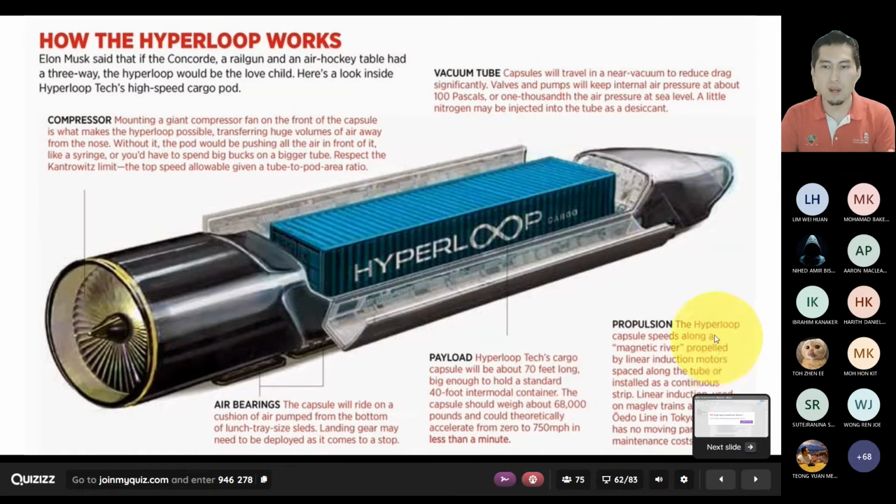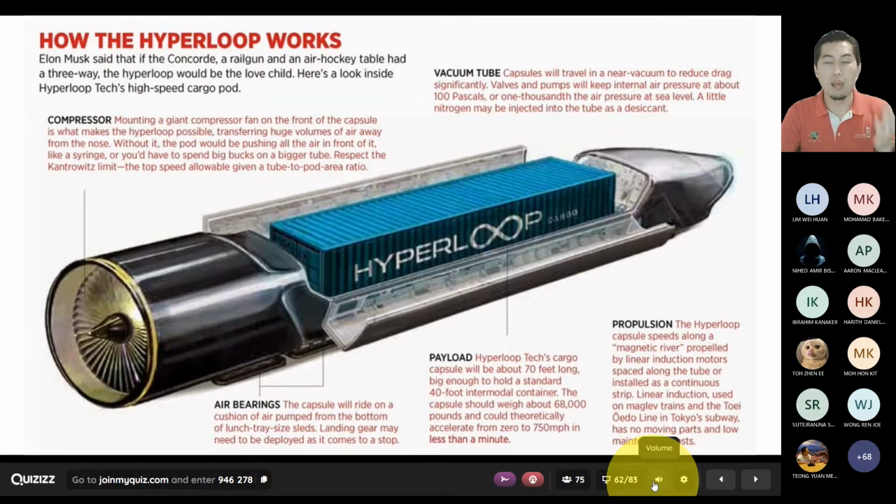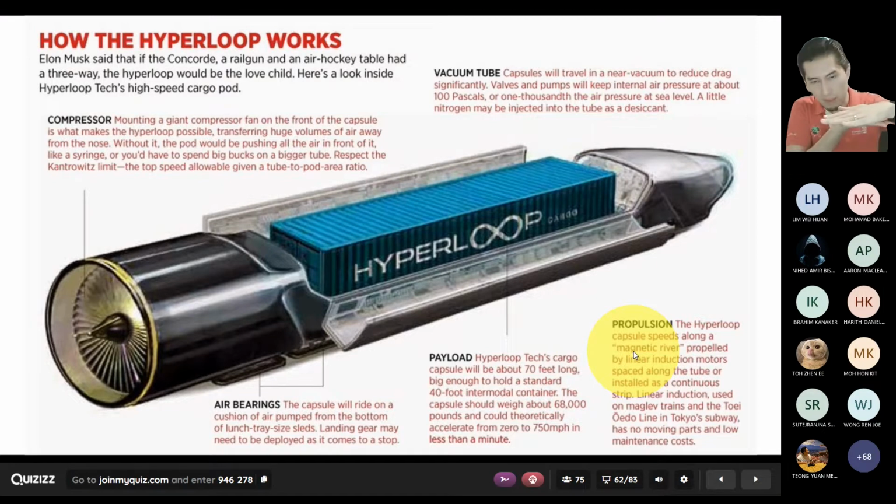There is also aspects of magnets being used, or the term that is always being utilized is maglev, M-A-G-L-E-V, magnetic levitation. But here, of course, they use the term a magnetic river, right? So you realize that the train is basically not even touching the rails, right? Because it's using magnetic levitation to change the poles from positive and negative to basically get it to propel forward. At this point, that is basically all you need to know when it comes to hyperloops.